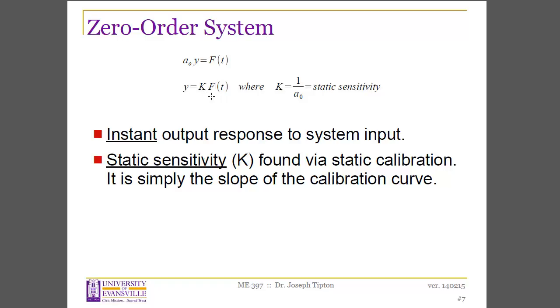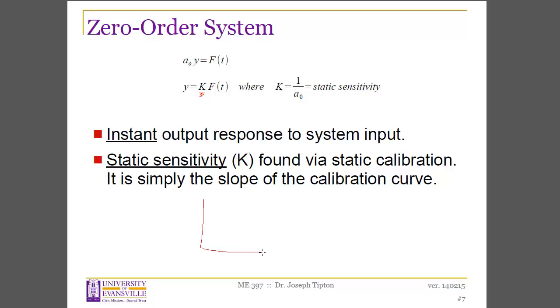Notice that the time doesn't appear anywhere else in the equation, so we have an instant output response to a system input. And then if we want to find that k factor, the static sensitivity of the system, we would perform a static calibration. We'd find the slope of the calibration curve.